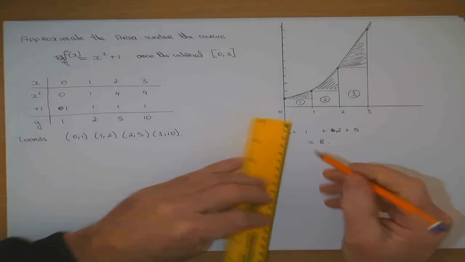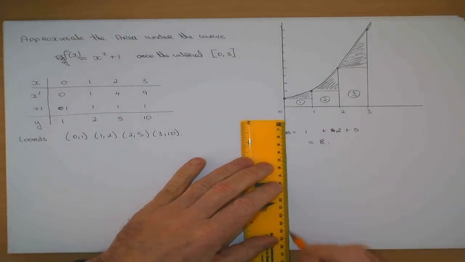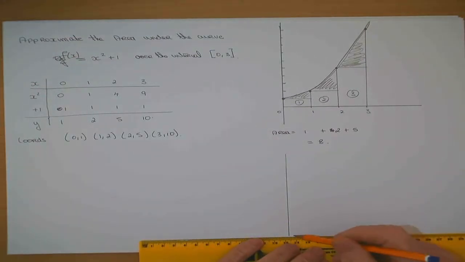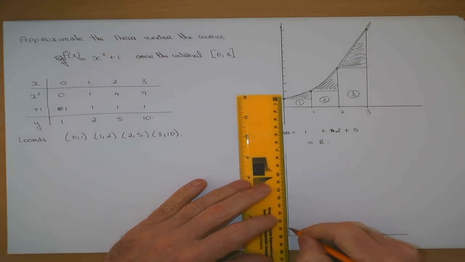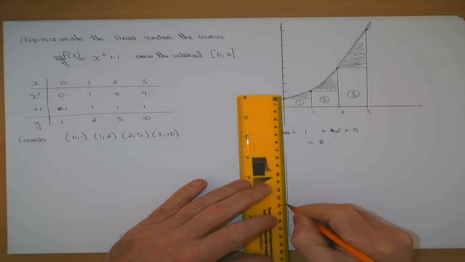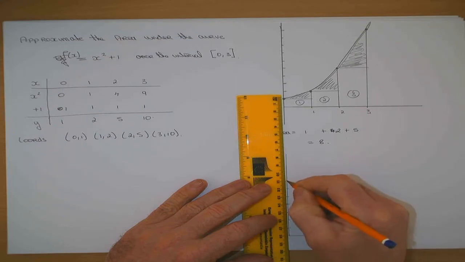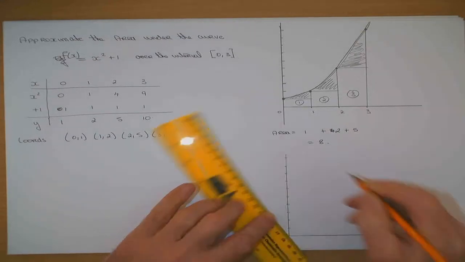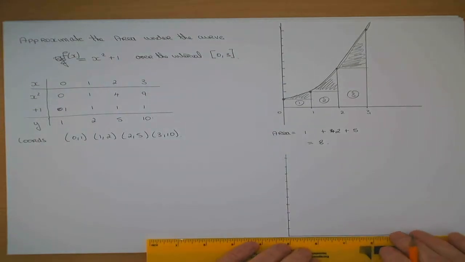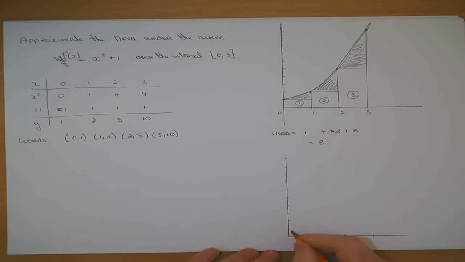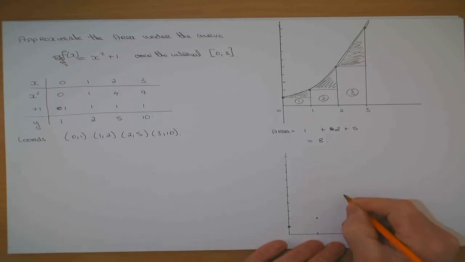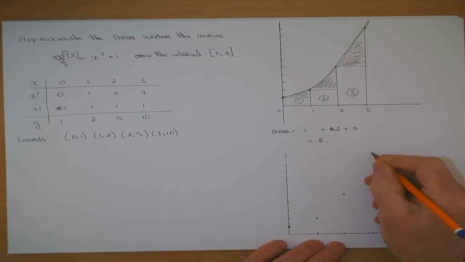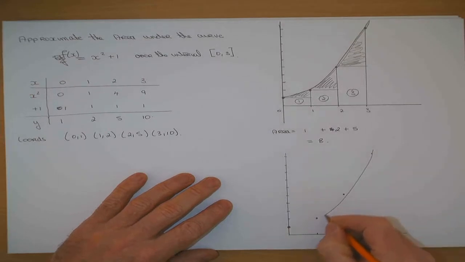How would I be more accurate? Well, I'd be more accurate if I made more rectangles. So I go up to 1, 2, 3, up to 10, and going this way to 3: (0, 1), (1, 2), (2, 5), (3, 10), and it's my same quadratic graph.